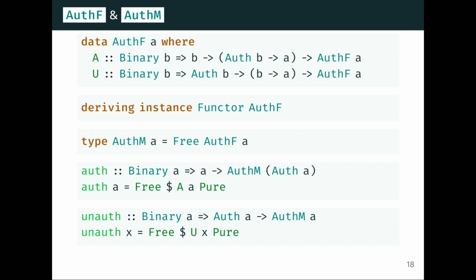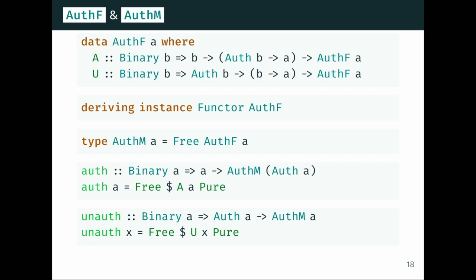So I define the monad just as Free. Normally, one would use a newtype wrapper. Now, for simplicity's sake, I just have a type synonym. So the monad, I call it AuthM, and it's just Free of this thing. And then what you normally do, once you have done that, you write convenience functions so that it's easier to use these constructors. So now I can write auth and unauth using these two operations in my functor.